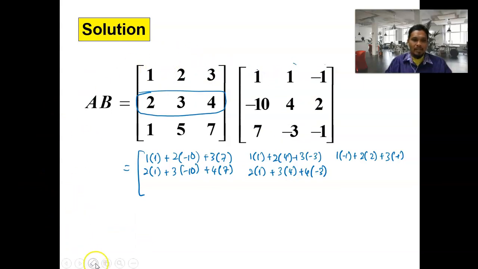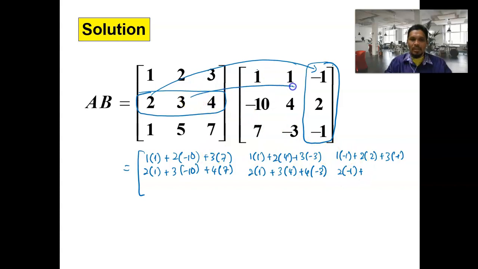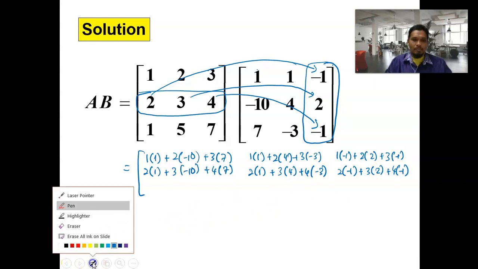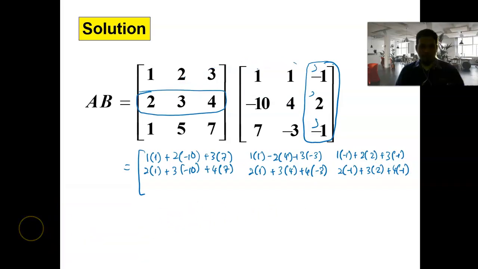And then the element in the second row and third column: we got 2 times negative 1, plus 3 times 2, and 4 times negative 1.